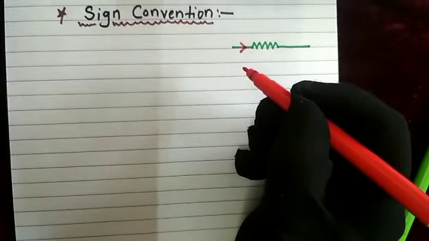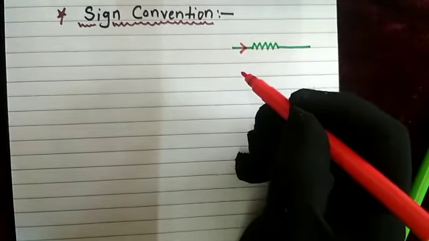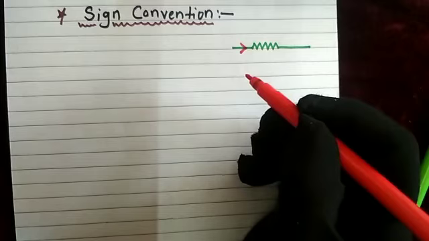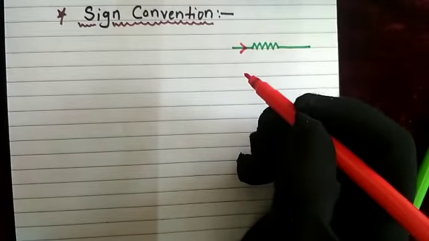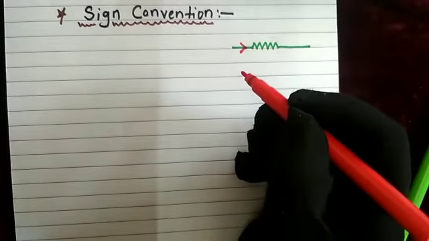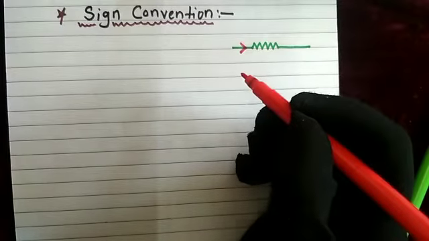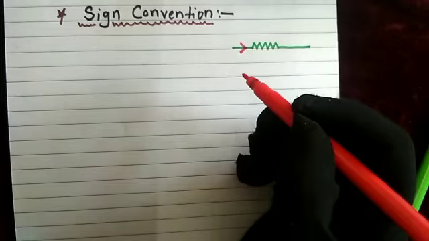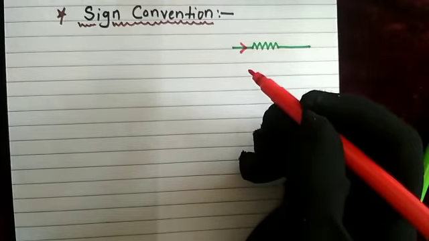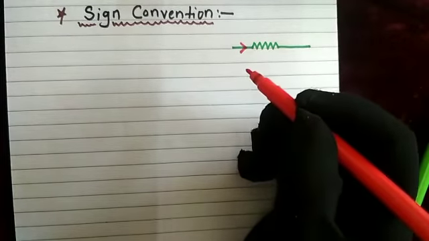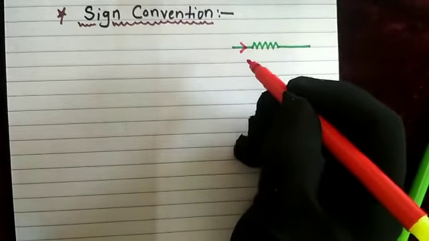Always remember, it is the current that decides the polarity of a resistance. I am repeating it again: it is the current that decides the polarity of a resistance. Basically a resistance has no polarity, but because of the current, the resistance gets some polarity.